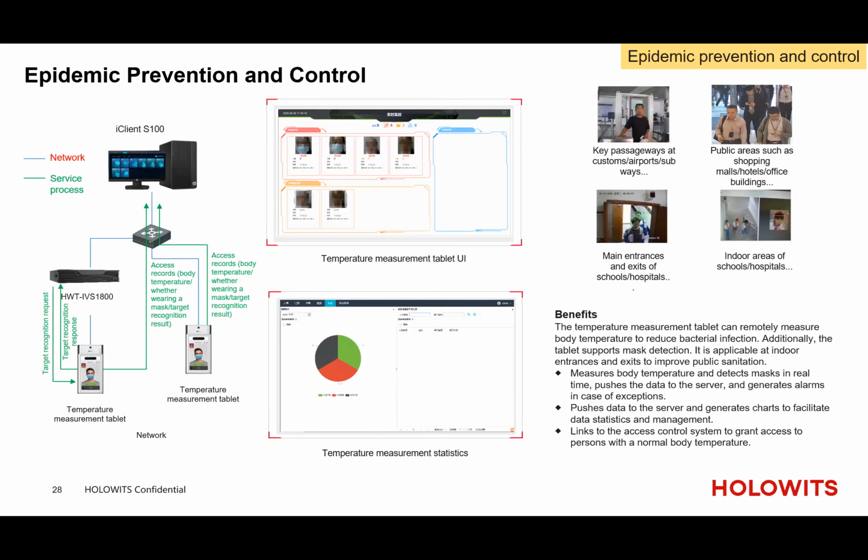You can also combine it with the face recognition function to detect whether the person is wearing a mask. You can also link with the gate device, so it can close the door when it detects an abnormal temperature and open the door when it detects a normal temperature. Okay, look at the statistics, the connection, and the benefits.